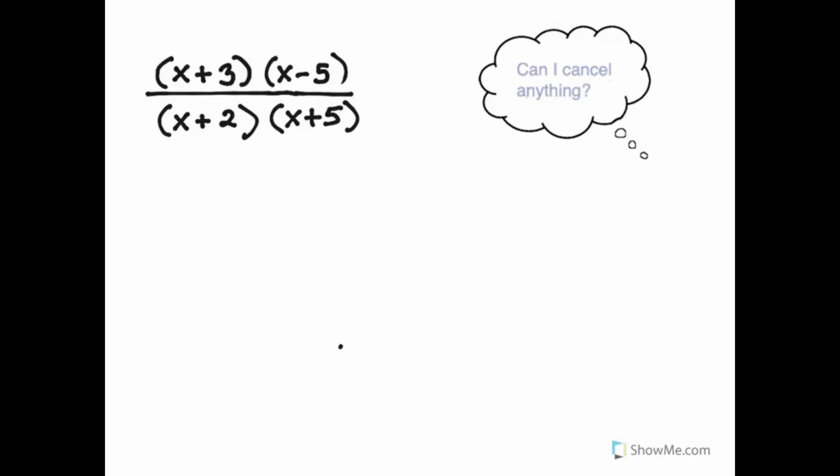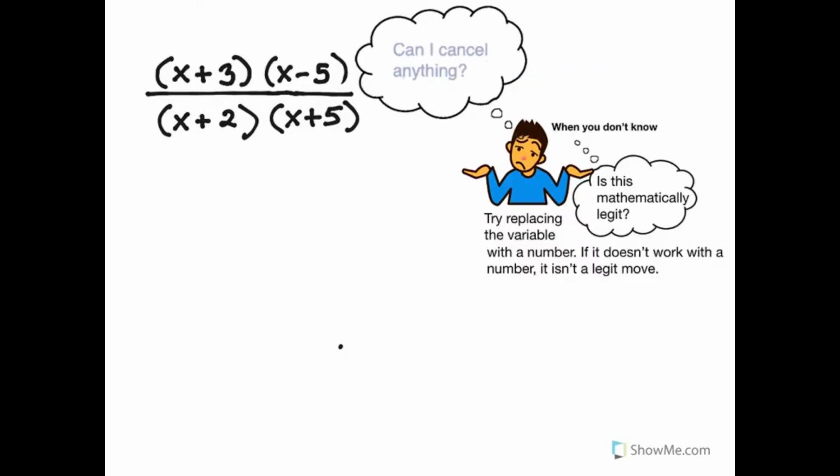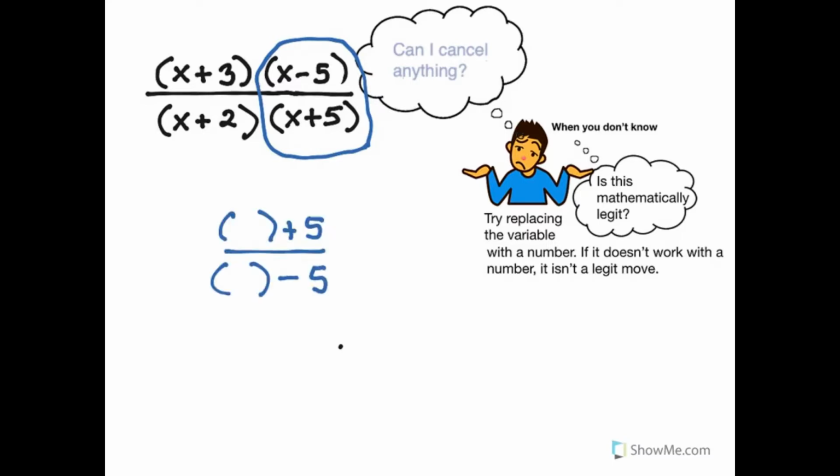Whenever you find yourself thinking, can I cancel anything here? If you don't know if something is mathematically legit, try replacing the variable with a number. For example, if you want to cancel x plus 5 and x minus 5, try it with a number. Pick any random number.